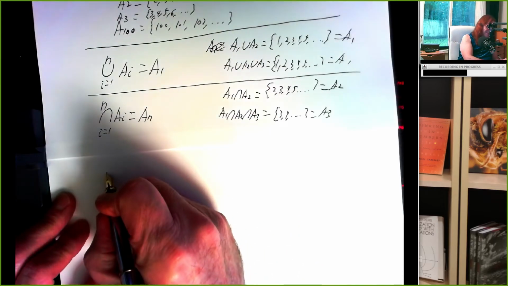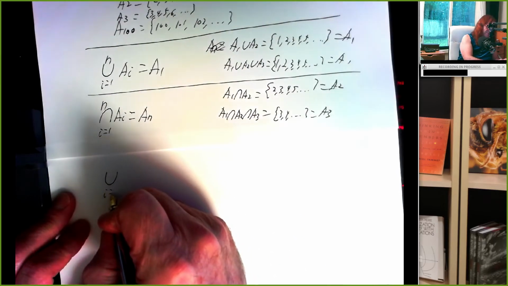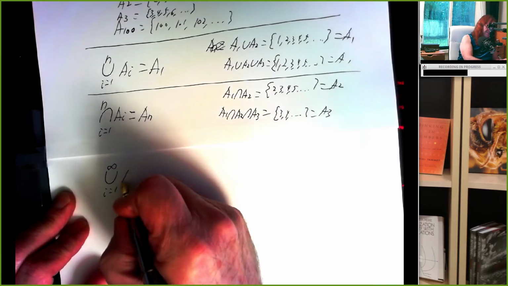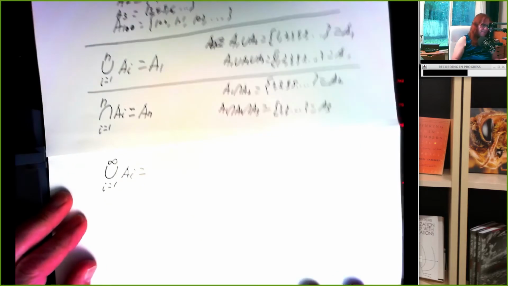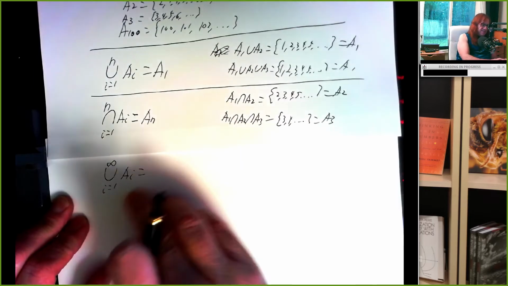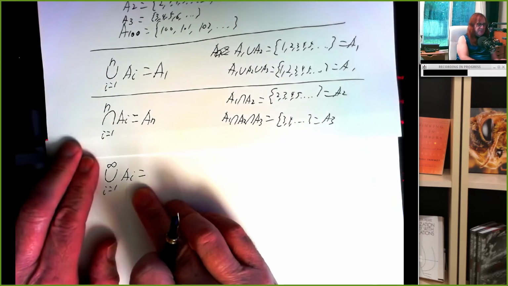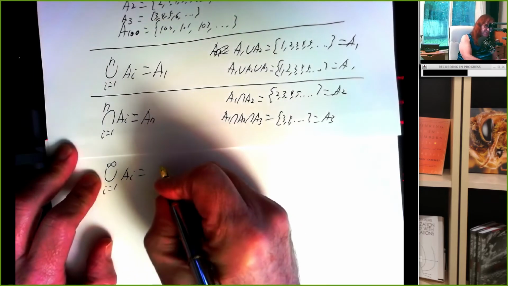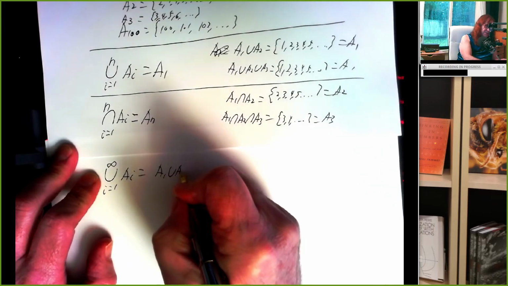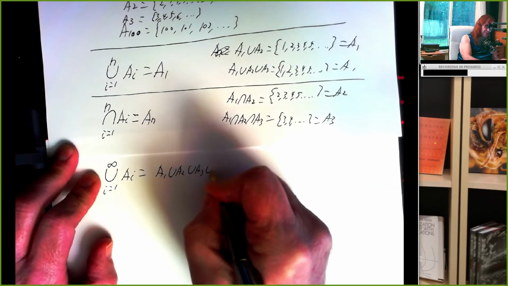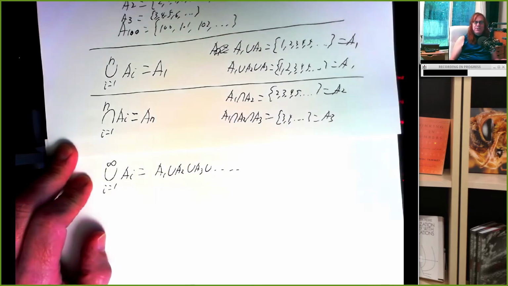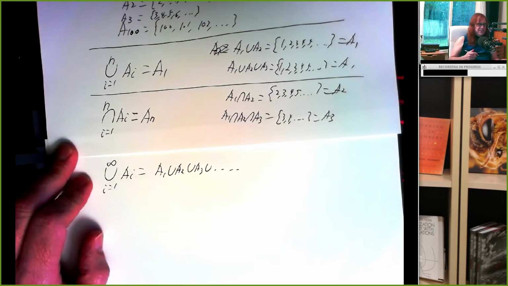Let's imagine the union from i equals 1 to infinity of Ai. Now there is no A subscript infinity, but this means I want to do A1 union A2 union A3 and keep going and going and going and take the union of this infinite number of sets.